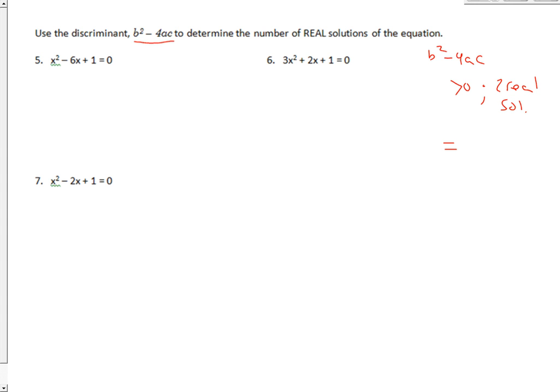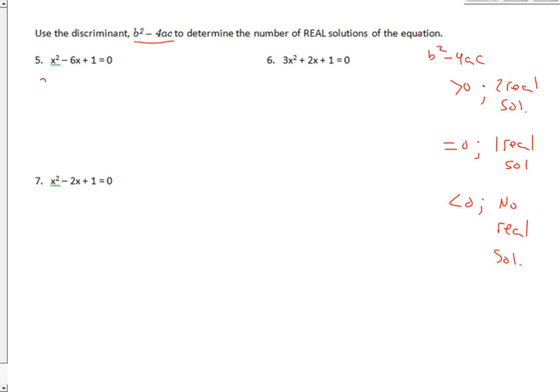If it's equal to 0, that is 1 real solution. And if it is less than 0, meaning a negative number, then there are no real solutions. And that's when we come up with our complex solutions. So all we have to do is plug in the values and know if we have a positive number, a 0, or a negative number.